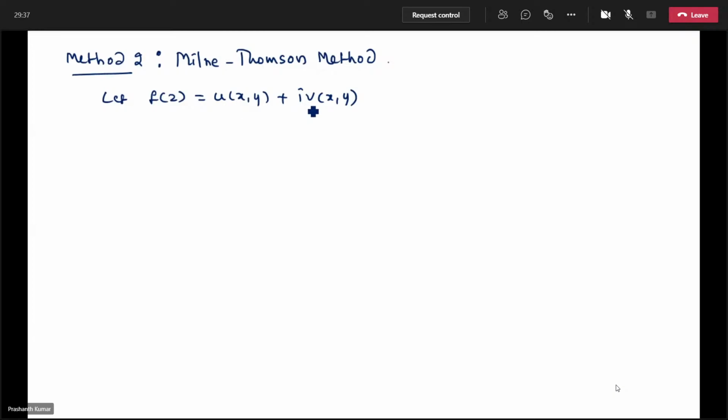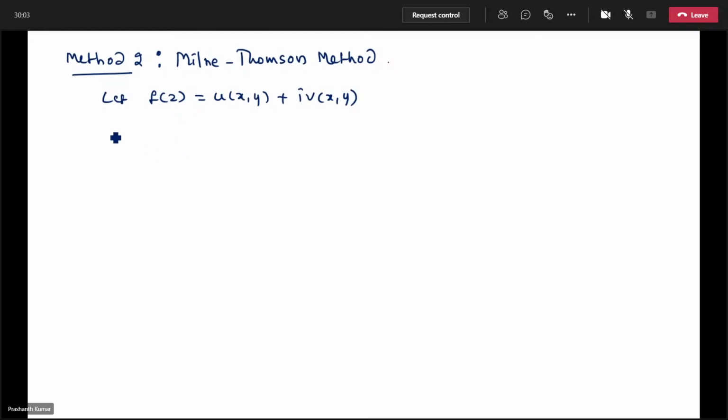If u is given, then we find the v value, or if v is given, we find the u value. But in Milne-Thomson method, if you have u or v, anyone, then directly without finding v or without finding u, we find the function.